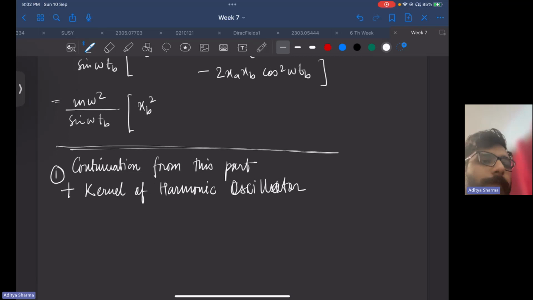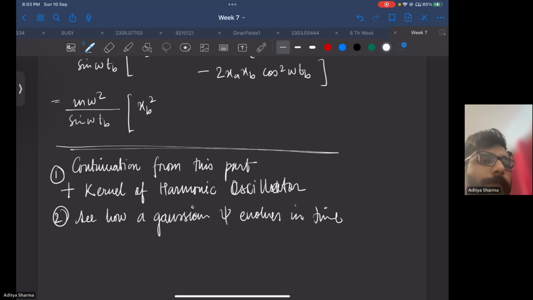This we are going to do, and then we are going to see how a Gaussian wave function evolves in time, and then we're going to do, using the results which we had found in one of the questions, some derivation.